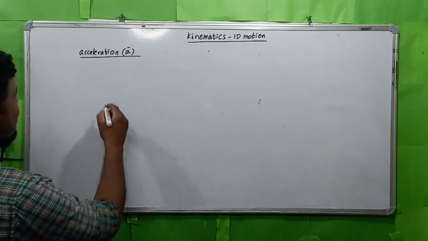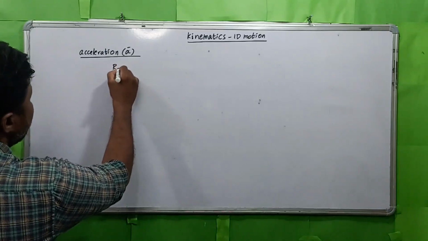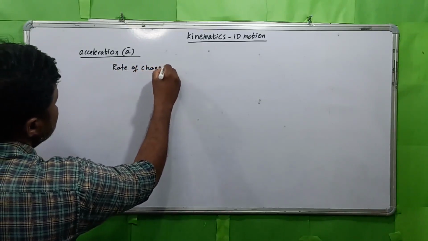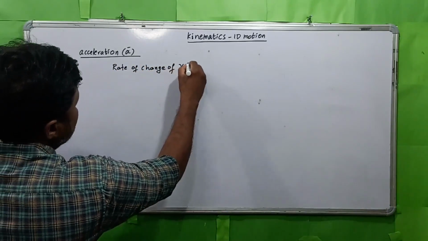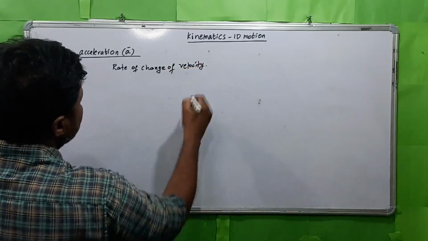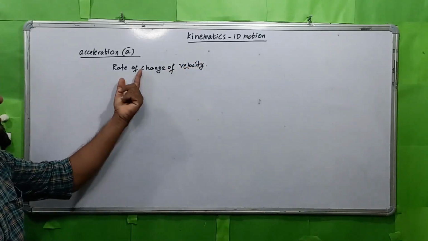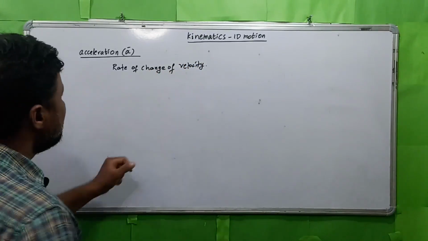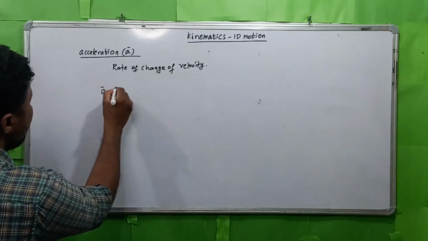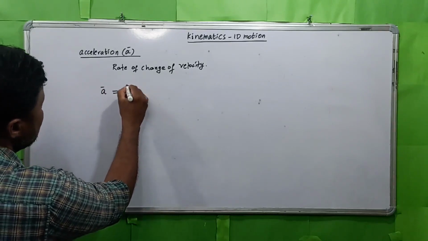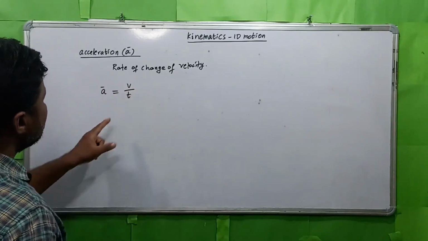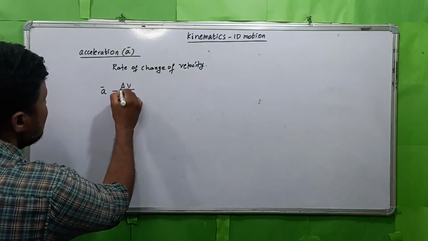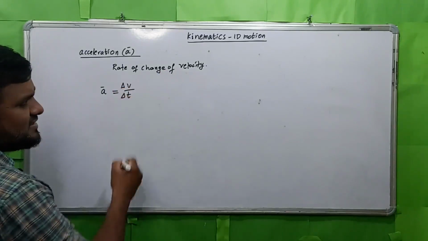Acceleration can be defined as rate of change of velocity. Rate of change means change in velocity with respect to time. So from the definition we can write acceleration a bar is equal to velocity by time. Actually, rate of change in velocity, you have to write delta v by delta t, change in time.